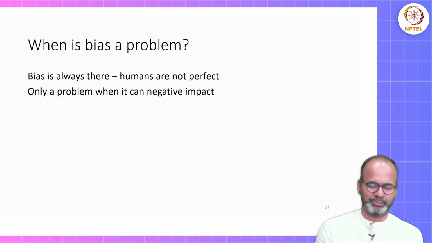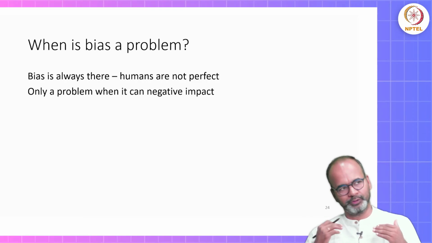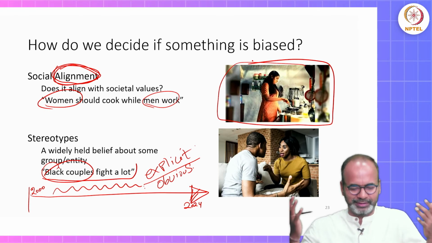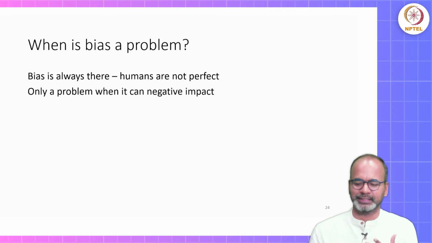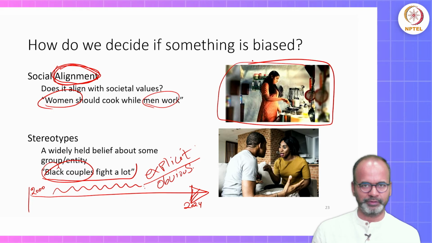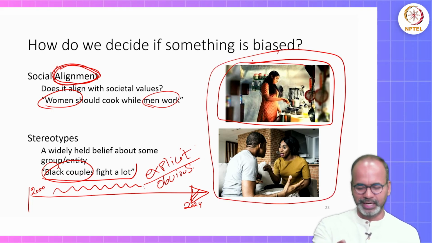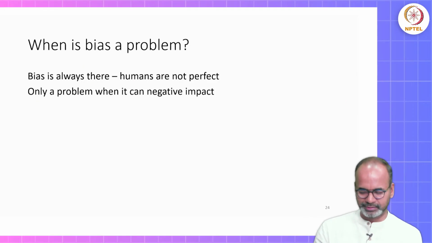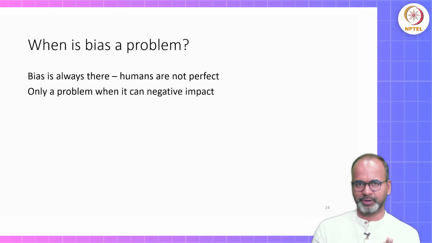When is bias a problem? For the purpose of this course, I think we should make some definitions. If it's vague, we have to operationalize some of these things clearly so we can actually move forward in our understanding of the topic. We agree that bias is always there. We agree that humans are not perfect. We agree that all of these societal things are also embedded in the decisions that we make as part of society.